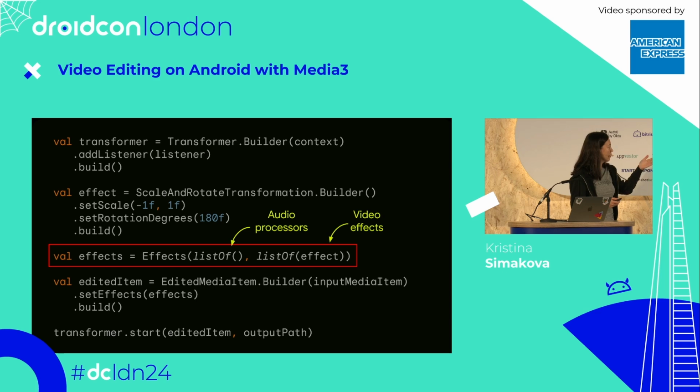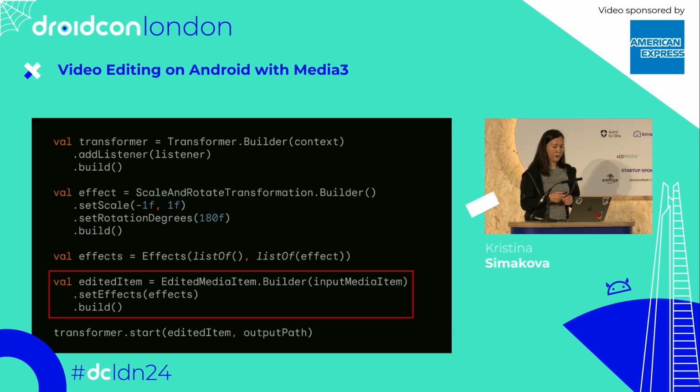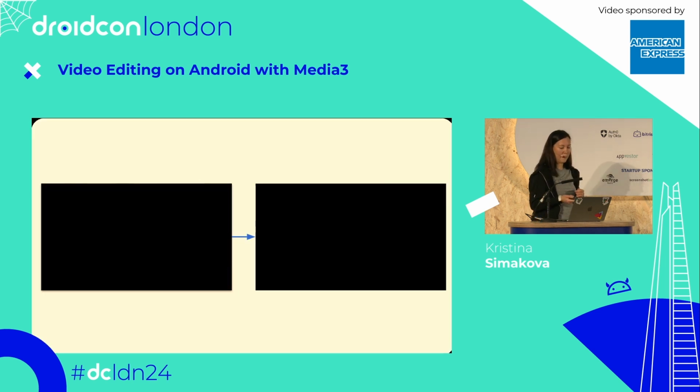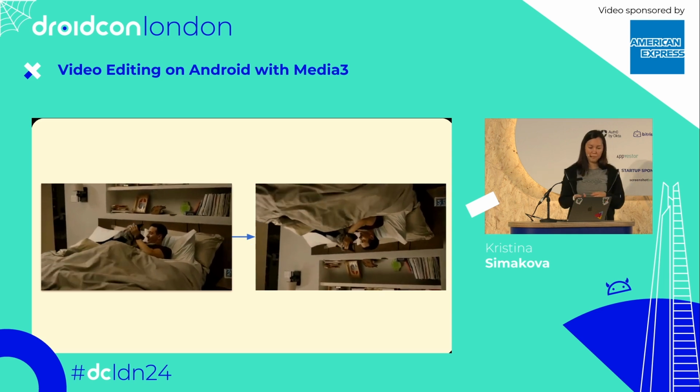And we then pass the list of all the effects we want to apply to this media item. Finally, we configure an edited media item using our input media item and the effects we want to apply to it. Here is what we end up with, the final version.